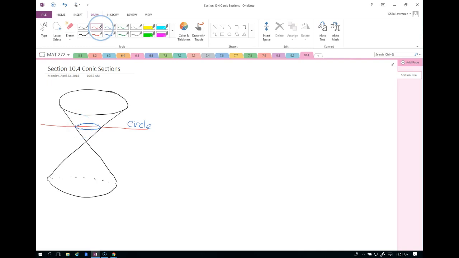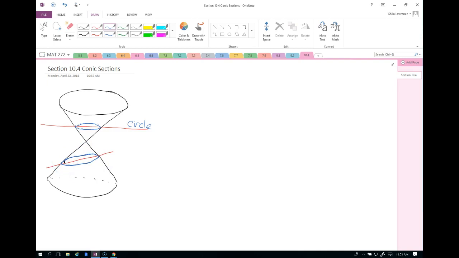If we slice it at an angle, but the angle is not large enough that it still cuts through both sides, it's going to make an ellipse. So it's still going to be a closed figure like a circle, but it's not going to be the same radius horizontally and vertically.